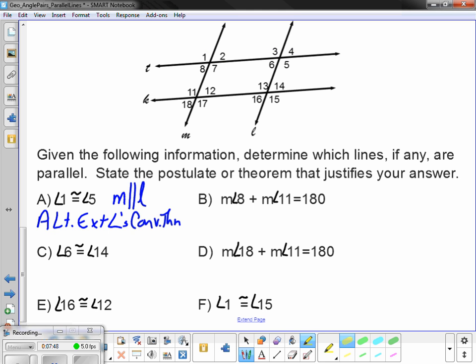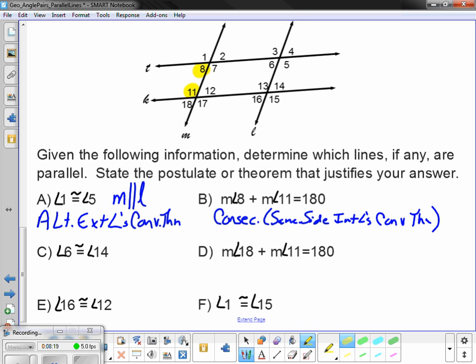So angle 8 and angle 11 add up to be 180. This is one of those quick giveaways. There's only one set of angles that add up to be 180 that gives us parallel lines, and that's the same side interior, or consecutive interior. So that would be the converse theorem if this is going to work.